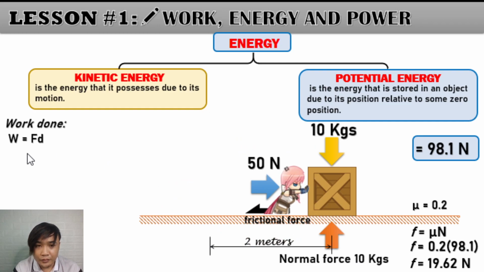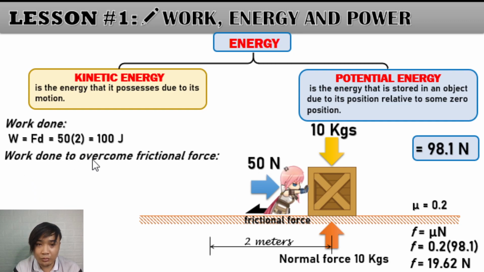Work done is equal to force times distance. So 50 Newtons times 2 is 100 joules. This is what he applied when frictionless. The work done to overcome the frictional force is again force times distance. The frictional force is 19.62 times 2, since the displacement is 2 meters, which equals 39.24.